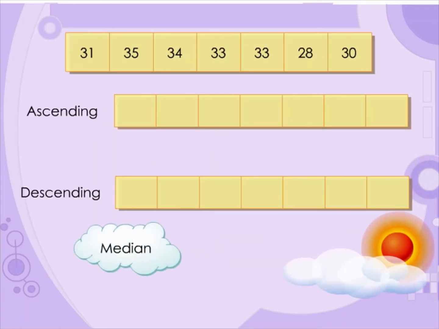The second measure is the median. To find the median, we need to first arrange the data according to either ascending or descending order.